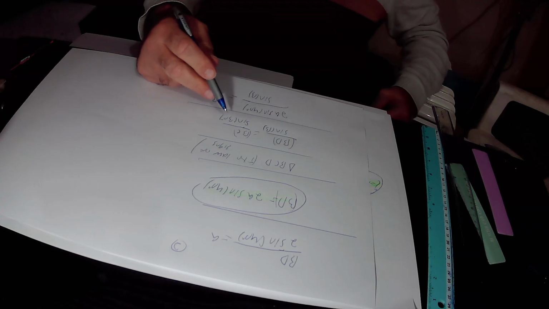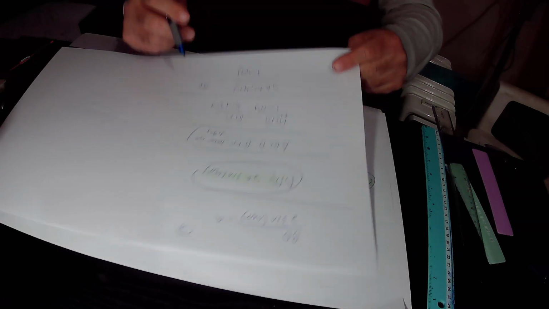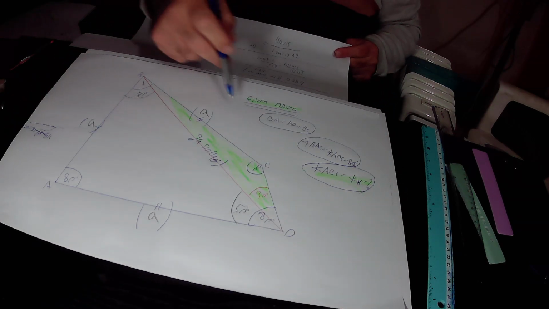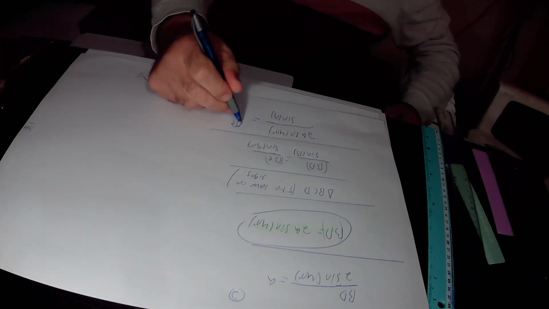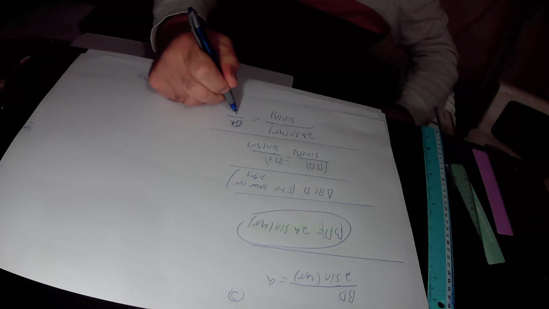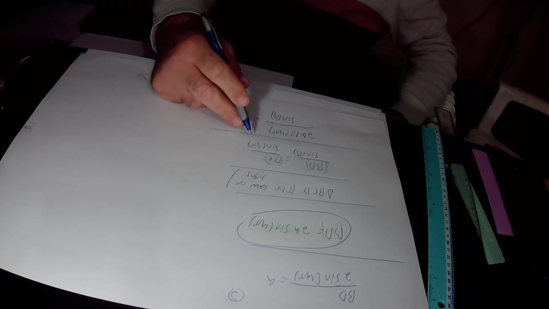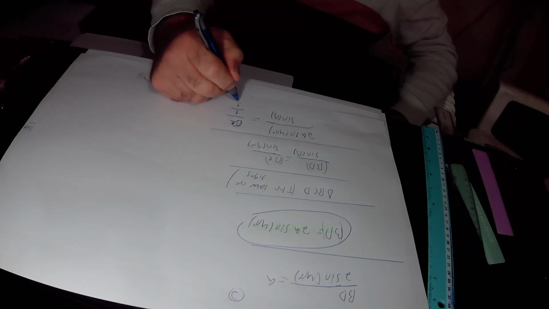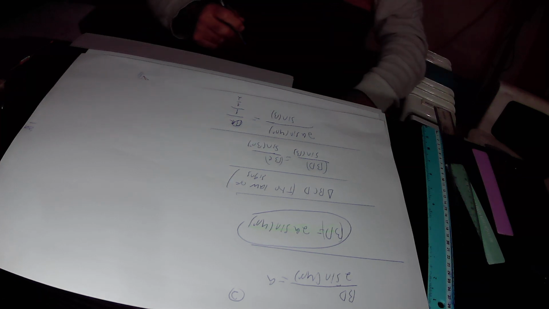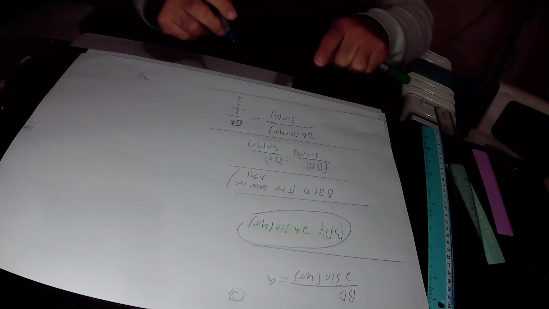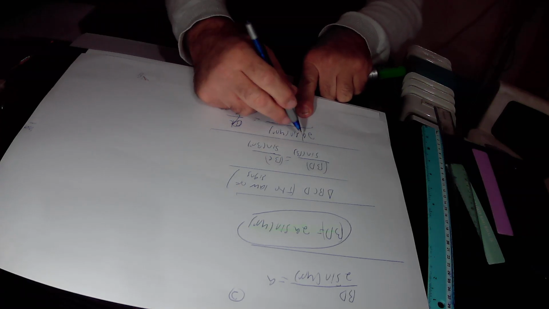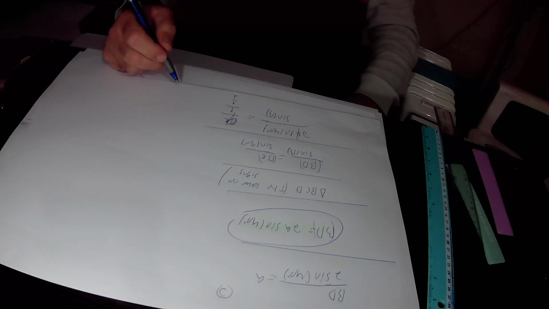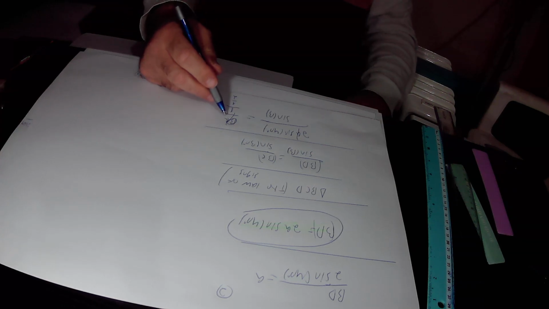Actually, we know that BC equals A, so we substitute BC by A over sine 30 degrees. Again, sine 30 degrees is 1/2. Here we have A on both sides of this equation, so A will get cancelled. A over A is 1.